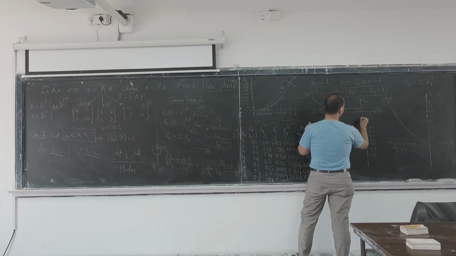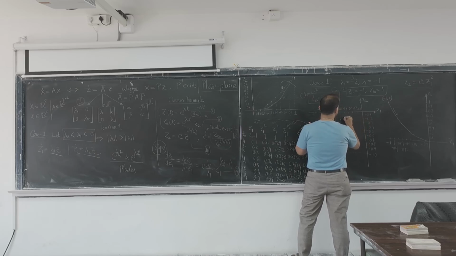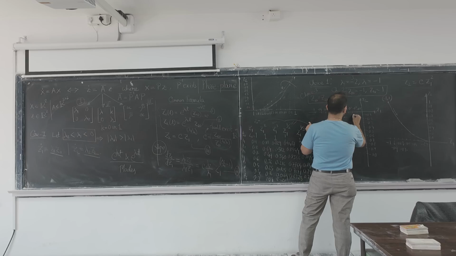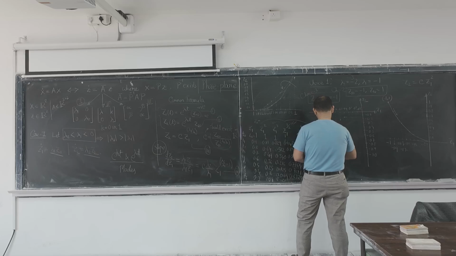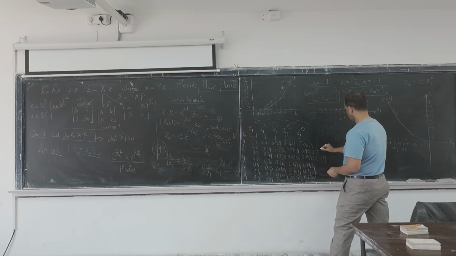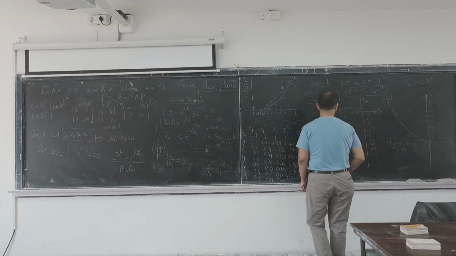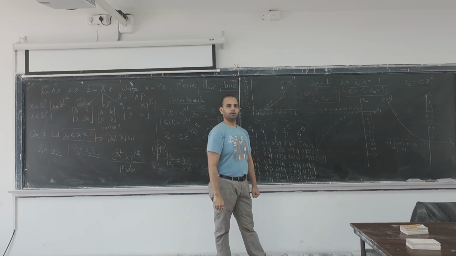For -0.4 it will be -0.16. And for -0.3 it will be -0.09. Did you see?